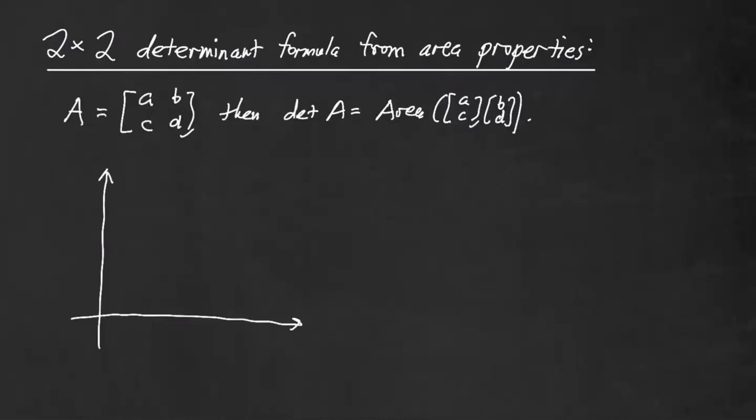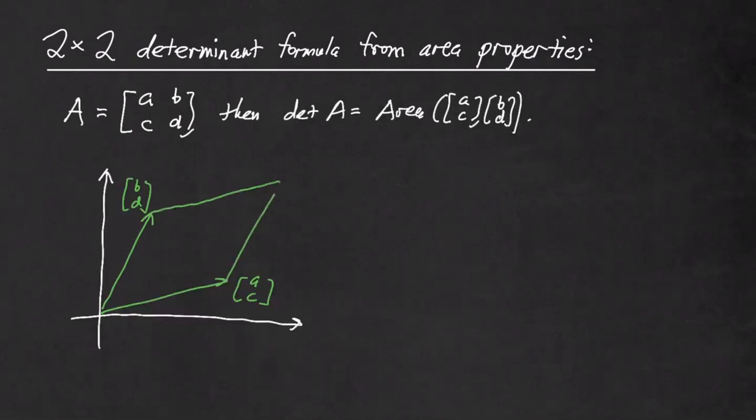using, if we write the first column as AC and the second column as BD, and we actually make the parallelogram. It's not very parallel, but okay.